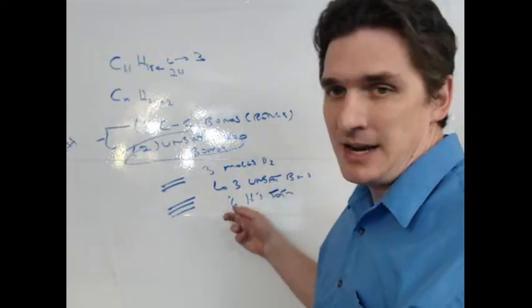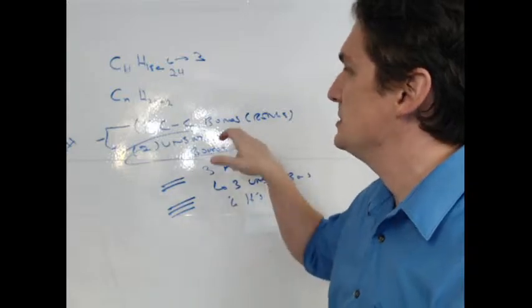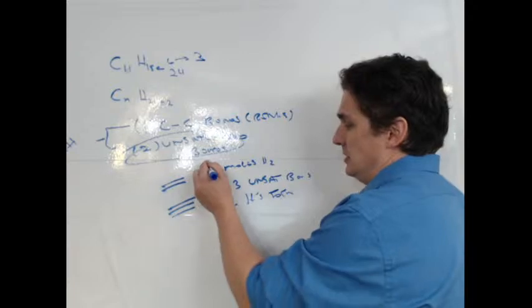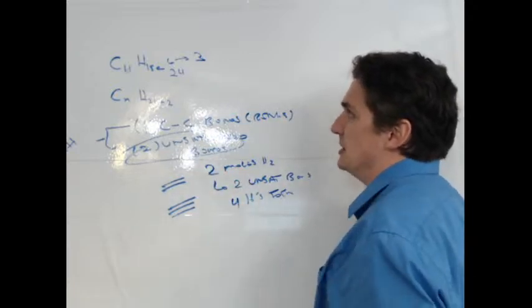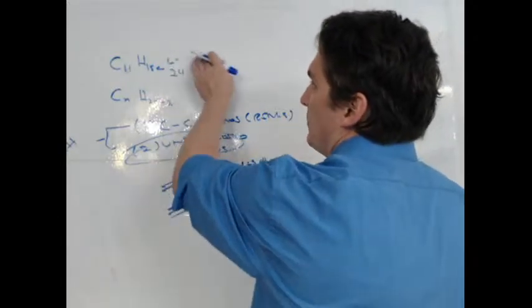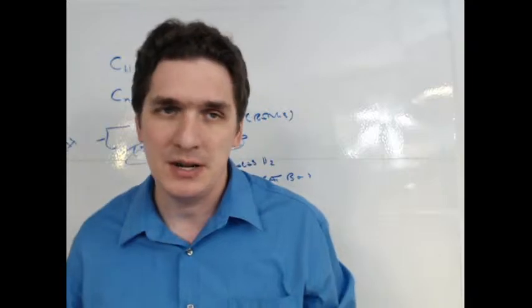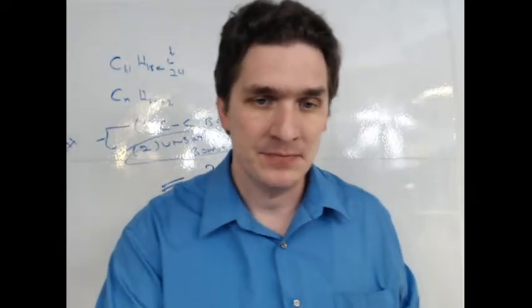So if we've lost 6 hydrogens, that's all accounted for in unsaturated bonds, so we would say that there's no rings here. Now, if it said you use 2 moles of H2, well, that's 2 unsaturated bonds for a total of 4 hydrogens. So we've only accounted for 4 of these 6 missing hydrogens with double bonds or triple bonds, which leaves us with 2 unaccounted hydrogens, which have to be the rings.